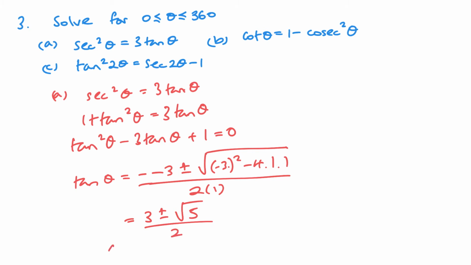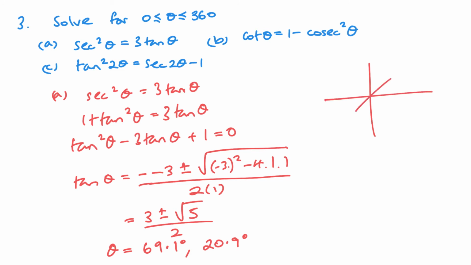Okay, so I should get two values out. 69.1 is my first one, and 20.9 is my second one there. Now that's one for the positive and one for the negative coming out.